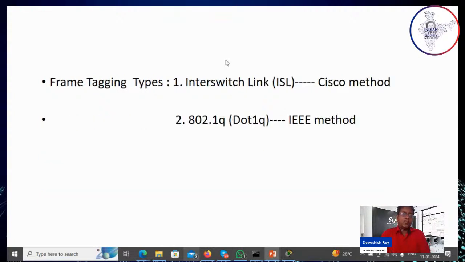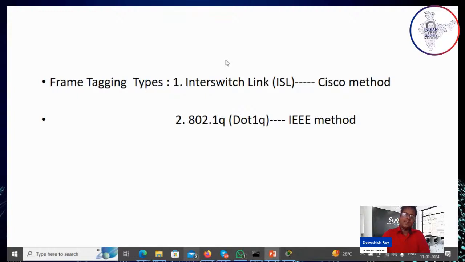Now there are two frame tagging types for the VLAN. If you are encapsulating the data in the VLAN, there are two frame tagging types. One is very old, that is ISL, Inter-Switch Link. That is Cisco's default method. And the other is .1q, or 802.1q, that is the IEEE method.